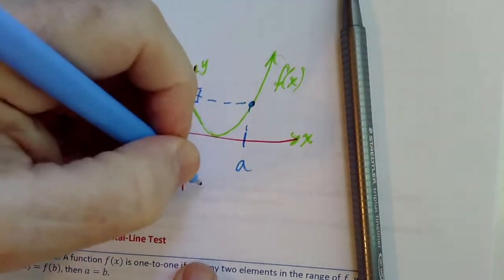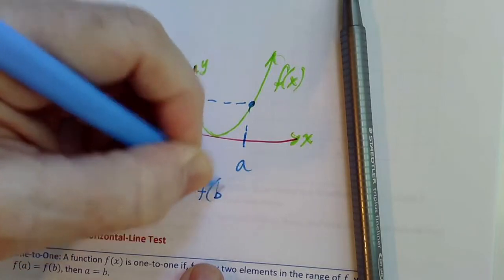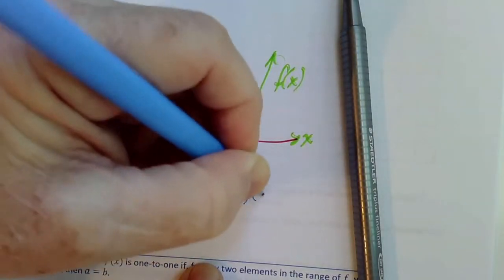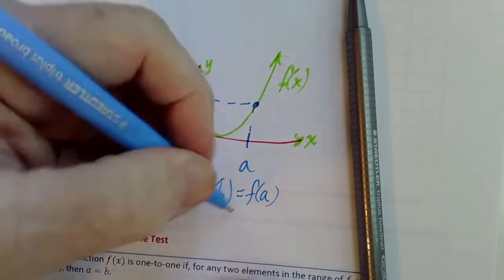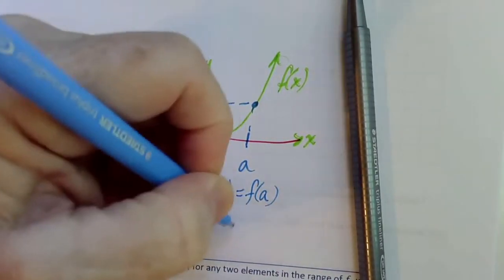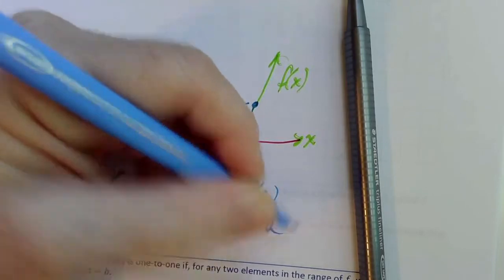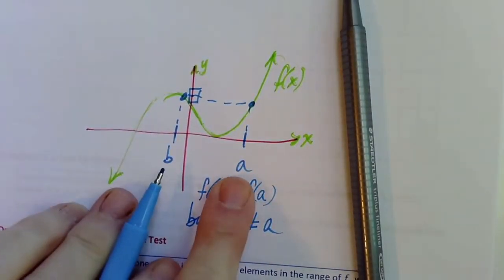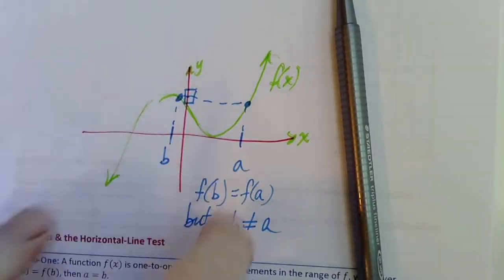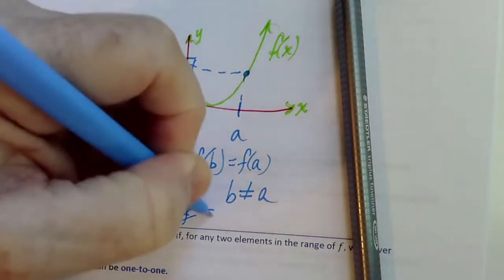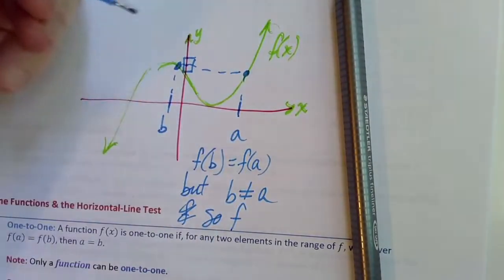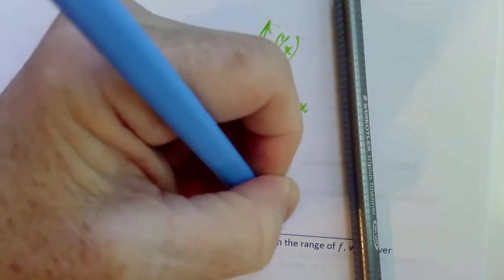So here, f of b equals f of a. They have the same y value, but b is not the same as a. The x's that went to these y's are different. So this function f is not 1 to 1.